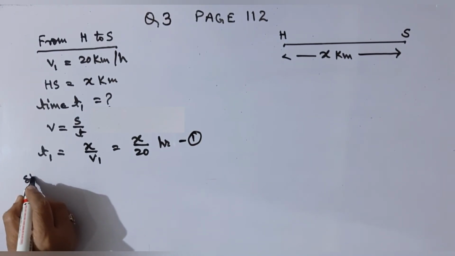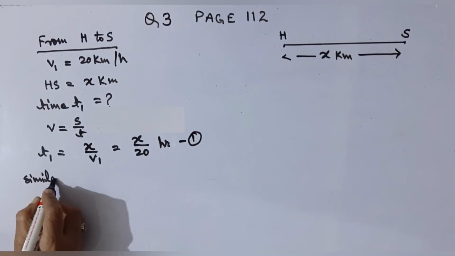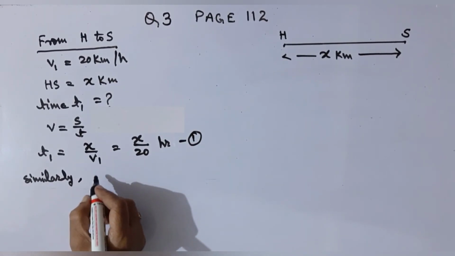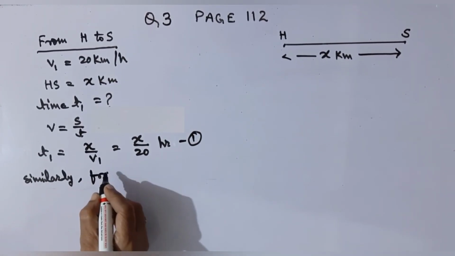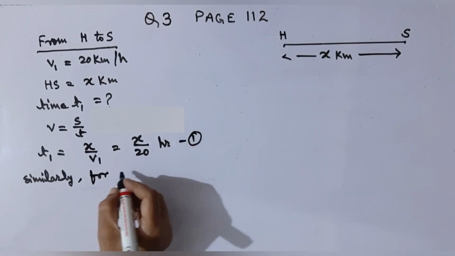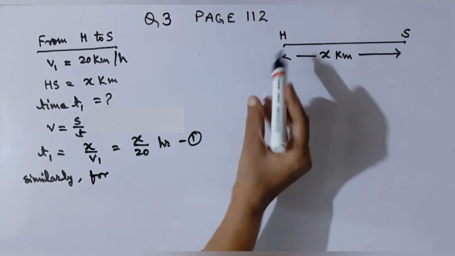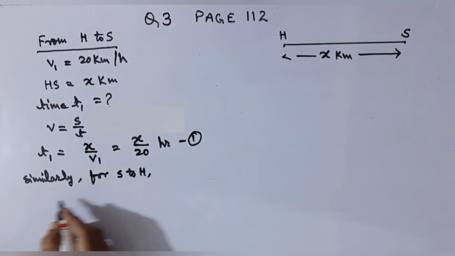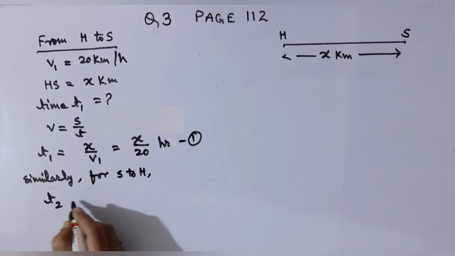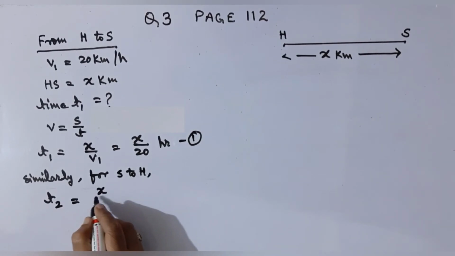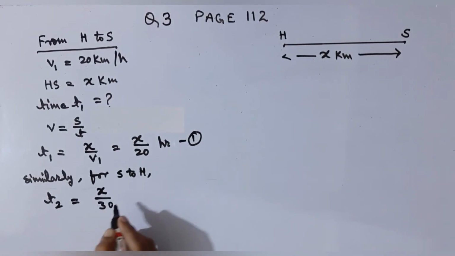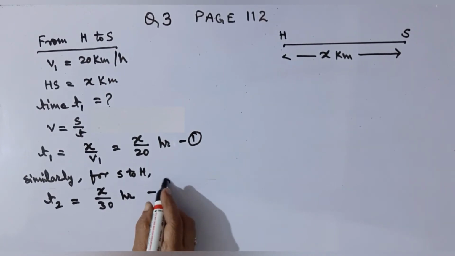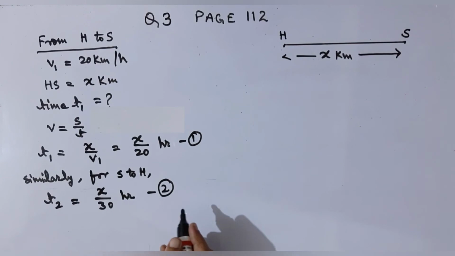Similarly, for school to home, for S to H, we have time taken T2 as x upon 30 hour, and let us suppose this is our relation 2.